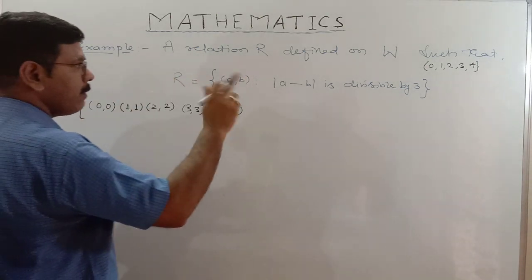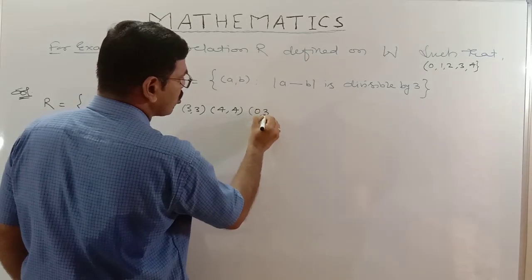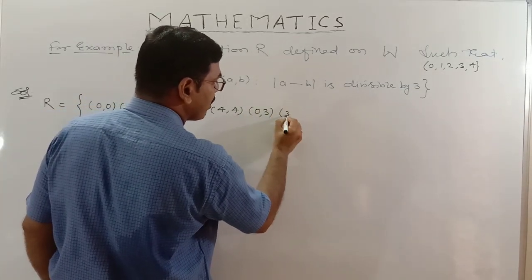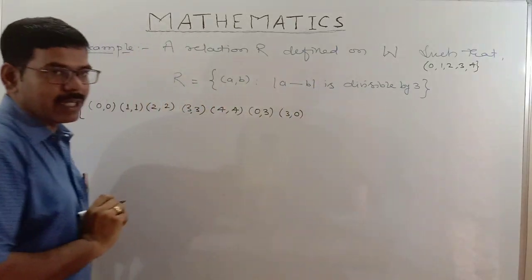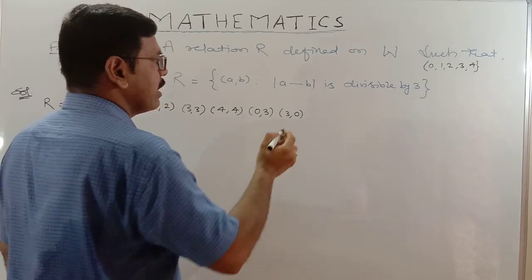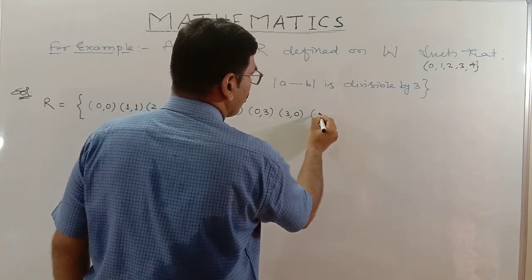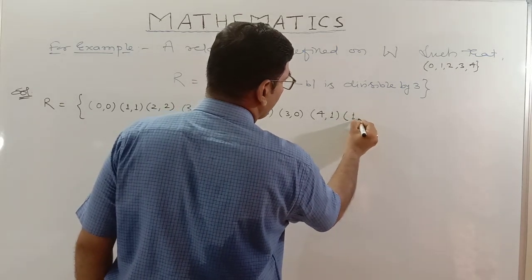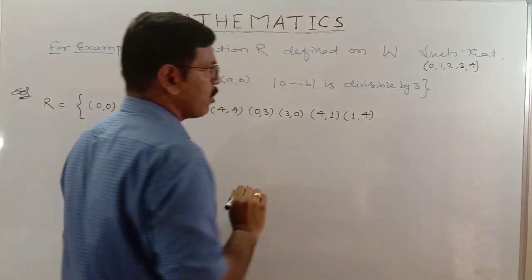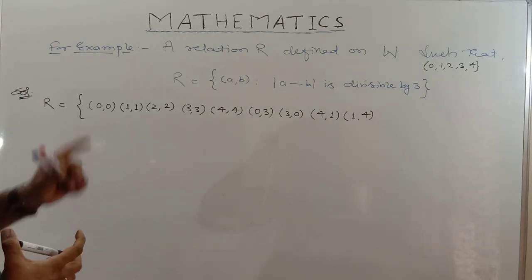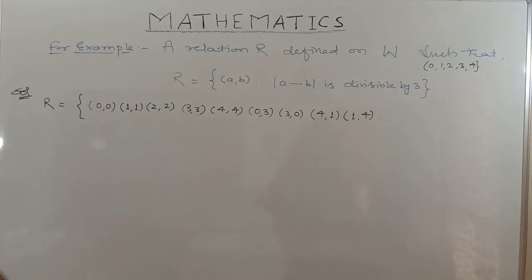Now (3,0) and (0,3) are both elements. Why? Because of the modulus: 0 minus 3 is 3, and 3 minus 0 is again 3. Then (4,1) and (1,4): 4 minus 1 is 3, and 1 minus 4 is also 3.